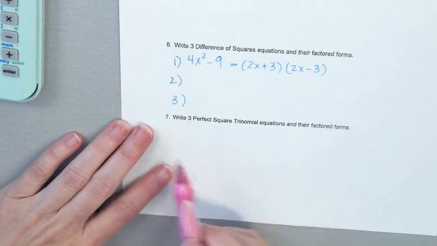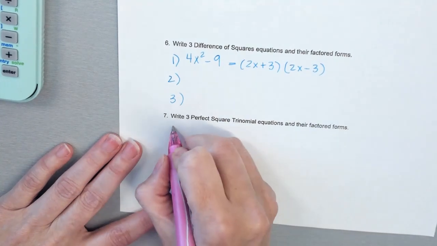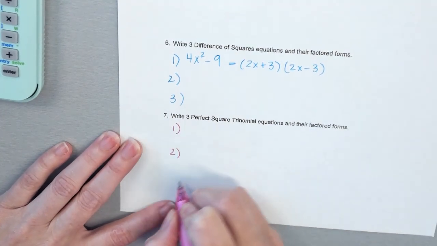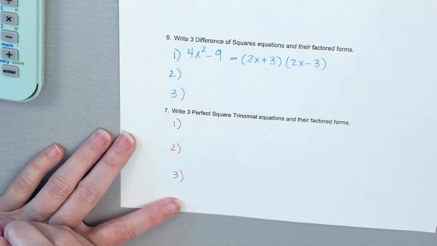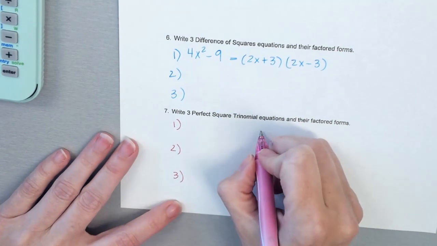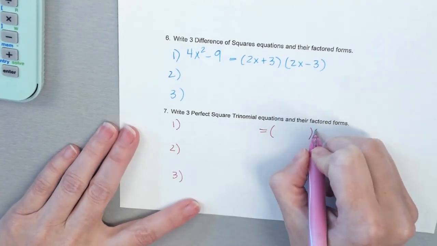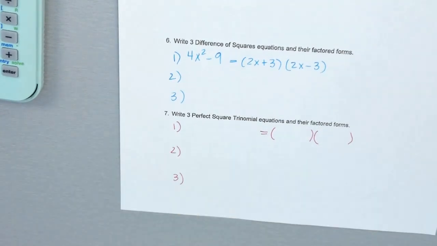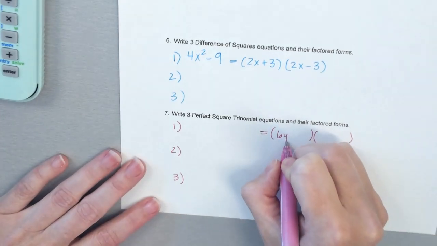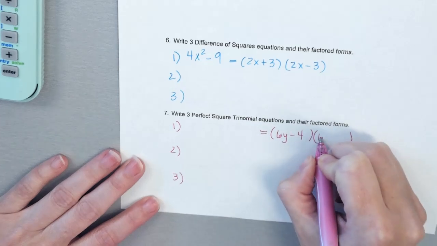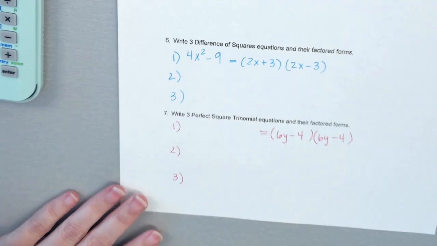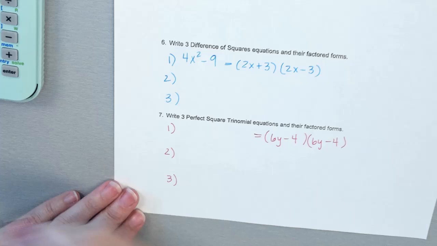And then if you want, for 7, it says to write 3 perfect square trinomials. Okay, if you want, you can come up with the factors first, and then you can write your perfect square trinomial. It just has to be the same thing. So what if we did 6y minus 4 and 6y minus 4? And then we got to start recognizing the pattern.